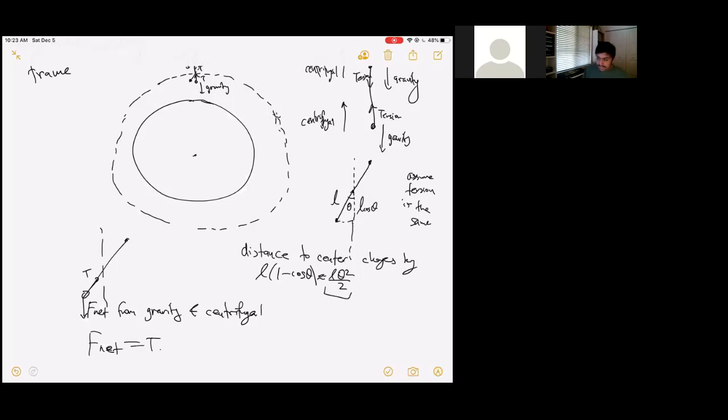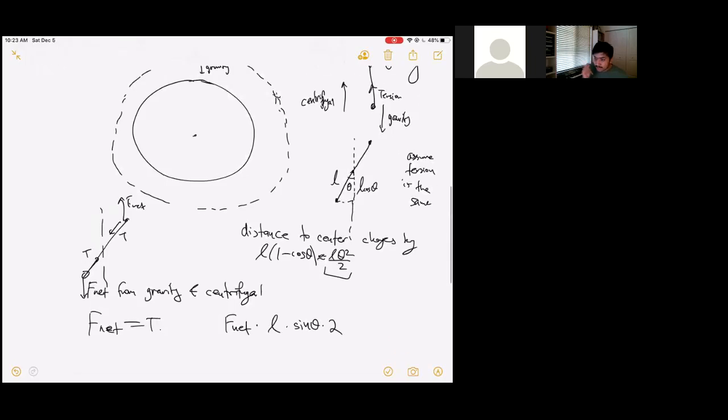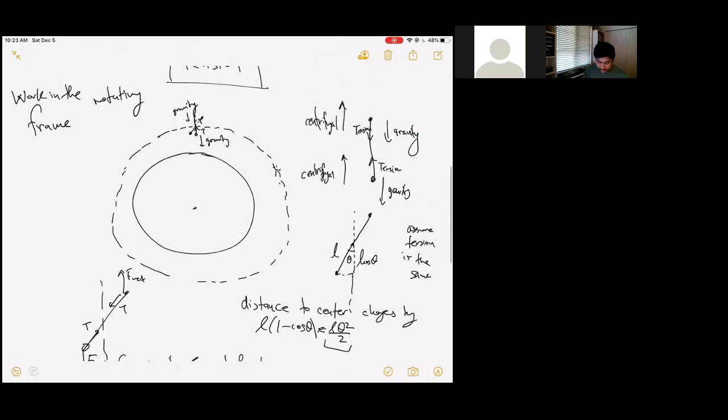And what this means now is that the torque on this guy is F net times L. There's also one here. Sine theta times 2. And again, I mean centrifugal because we are working in the rotating frame.